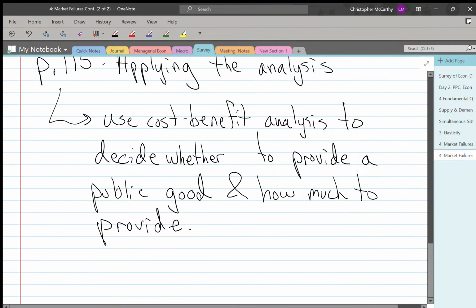For this particular example, we're going to be comparing the marginal costs and the marginal benefit of the project and seeing where is it less than, where is it greater than?